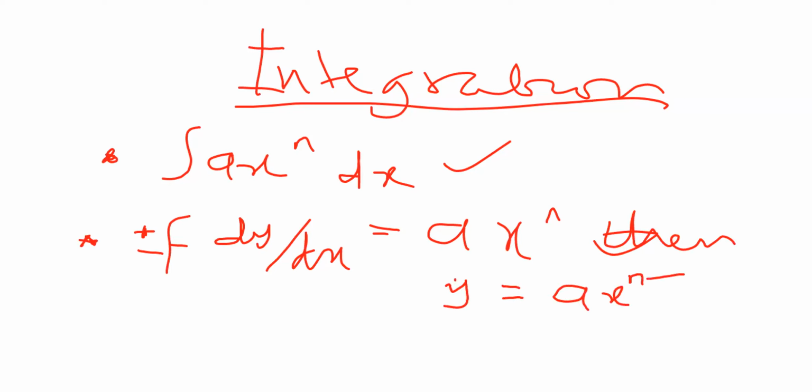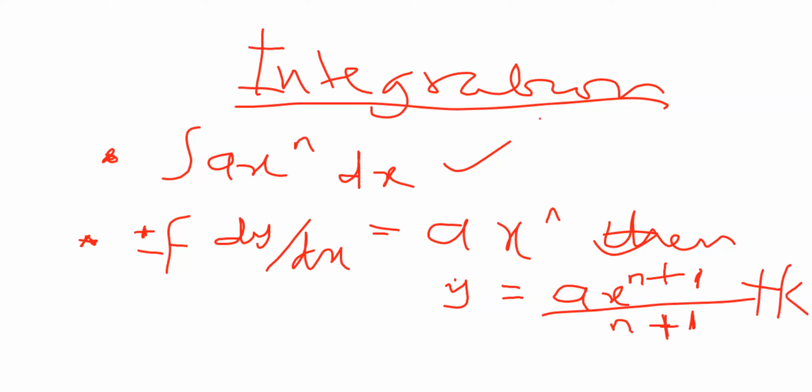You will increase the power by 1, divide by the new power, plus k. K is arbitrary constant.